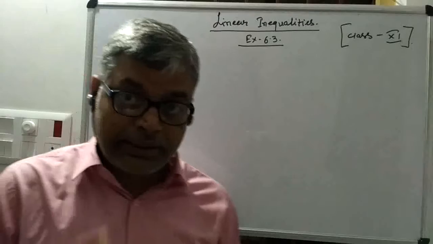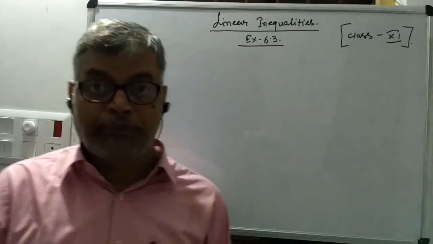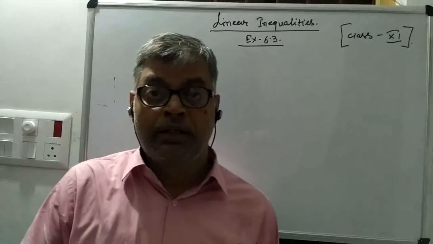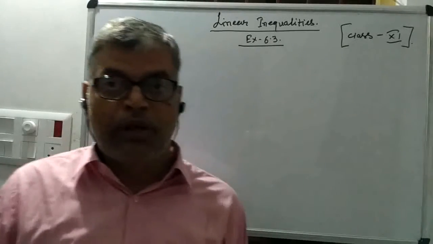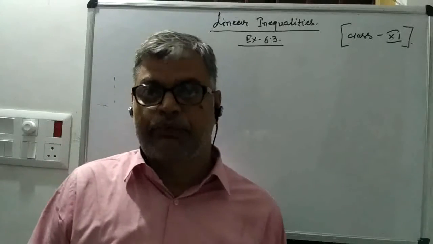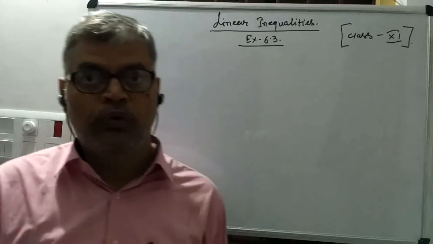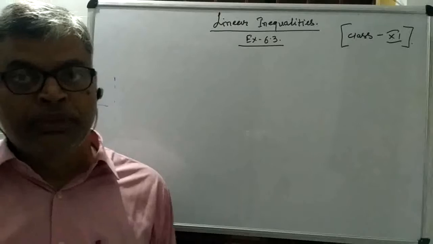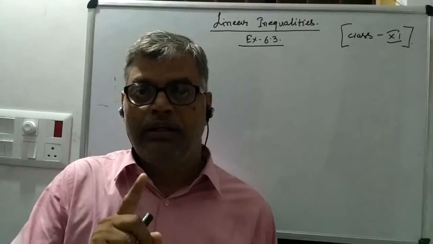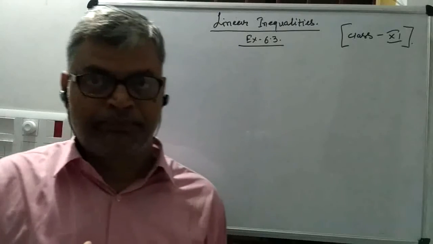In exercise 6.3, you have to take more than one inequality at a time. Till now, in exercises 6.1 and 6.2, you have seen that you were given a single linear inequality.